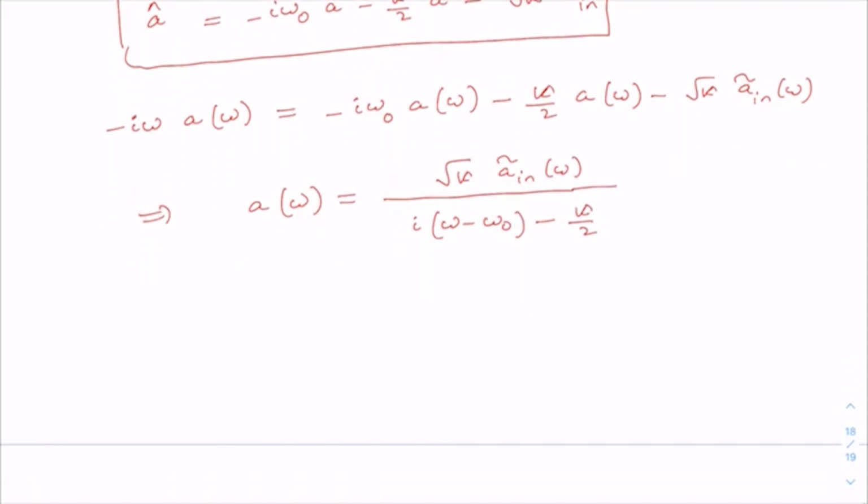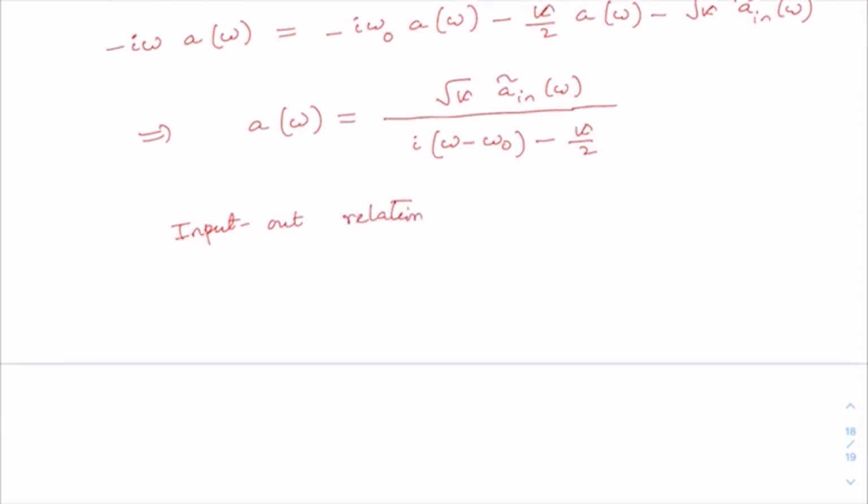Now let me rewrite the input-output relation for the new variable.